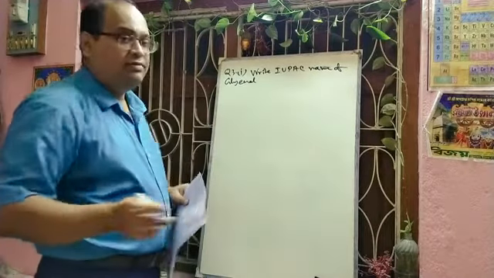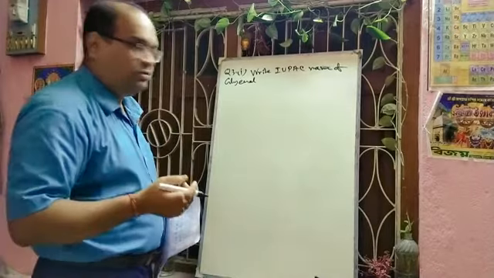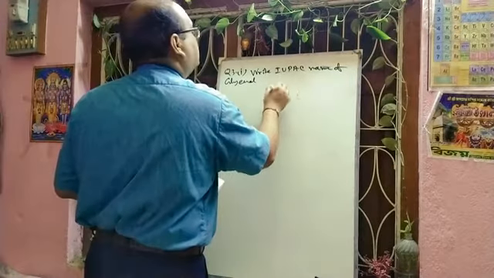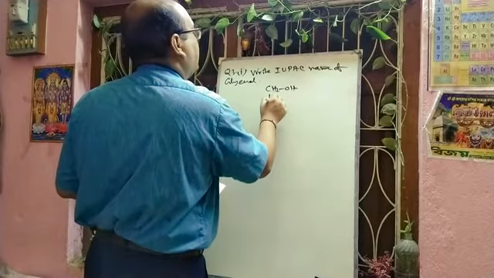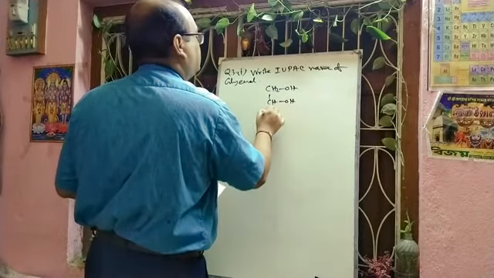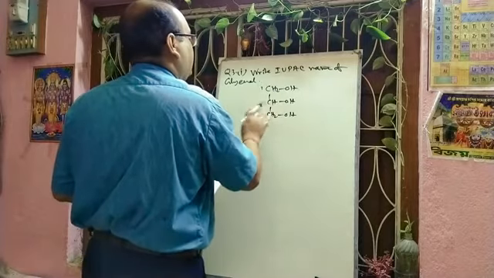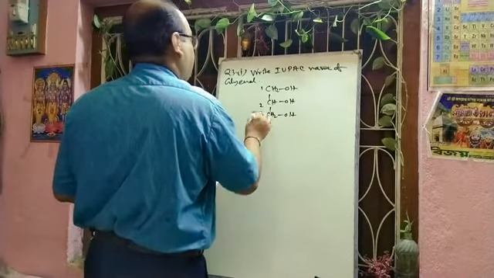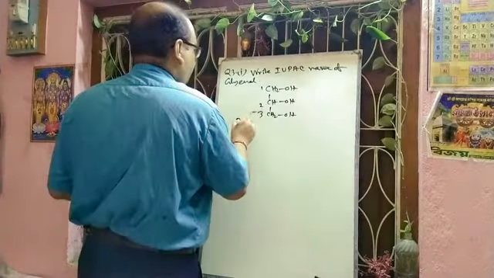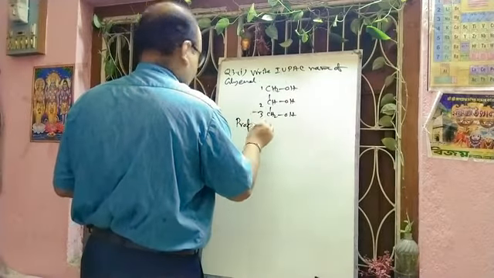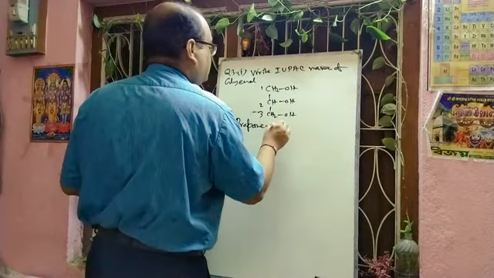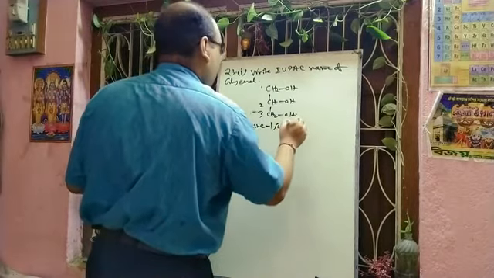First you have to know glycerol is the common name. You have to draw the structure. It is a trihydric alcohol. So here you have to write 1, 2, 3, and the IUPAC name will be propane-1,2,3-triol.